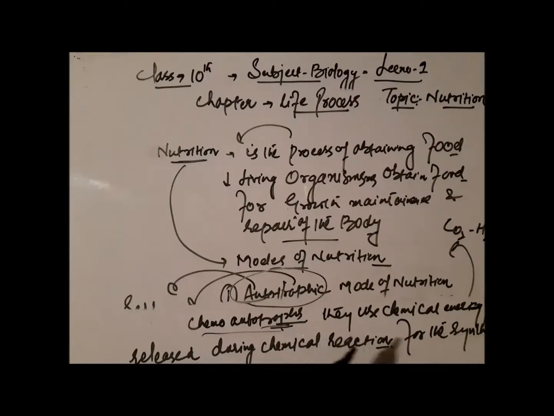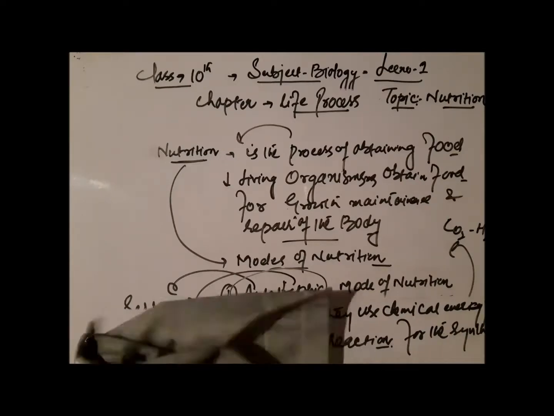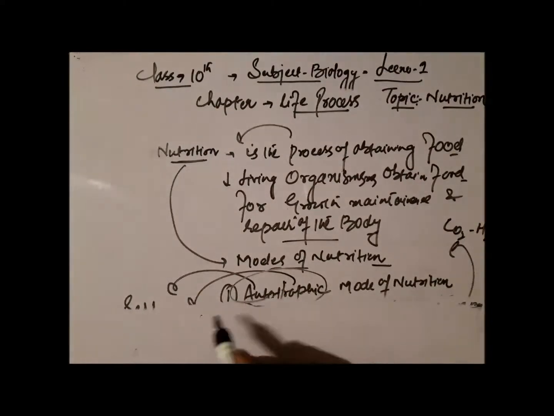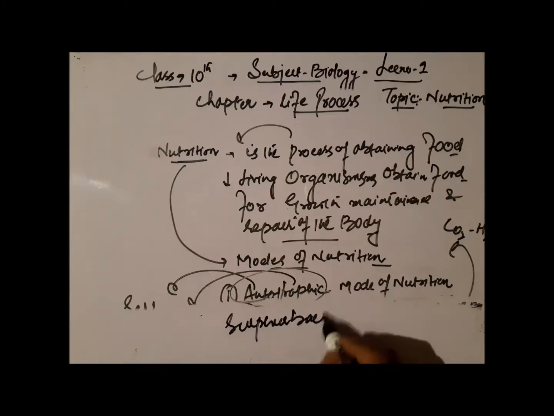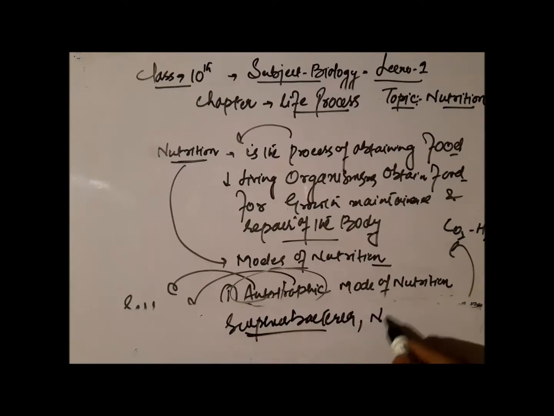If you look at the examples of chemoautotrophs, there are certain bacteria, for example sulfur bacteria and nitrogen fixing bacteria. All these are chemoautotrophs.